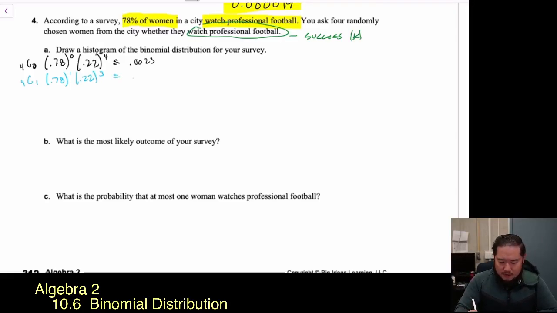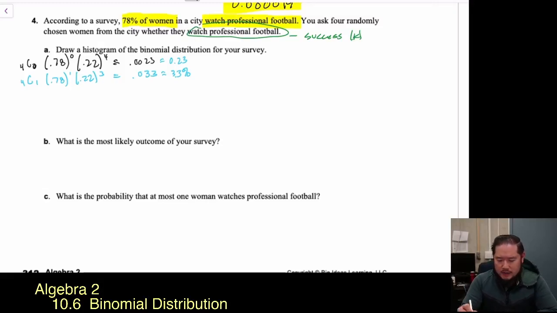Plug this in and we get 0.033, or approximately 3.3%. The previous 0.0023 becomes 0.23%, so very small.